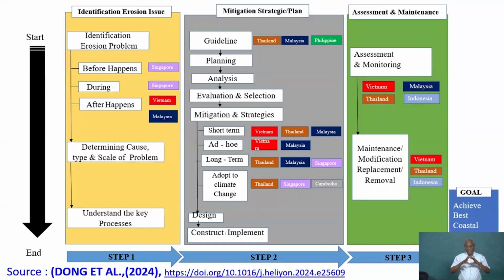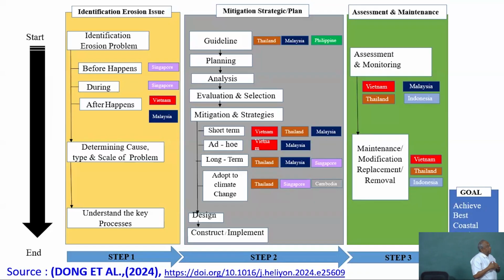Then, if it is a long term problem, you have to think of some strategic mitigation measure. What is the strategy that needs to be adopted? You have a wide number of strategies that can be adopted, and it's all well established. The only thing is you have to use the appropriate measure for the appropriate problem. And then finally you have to assess.